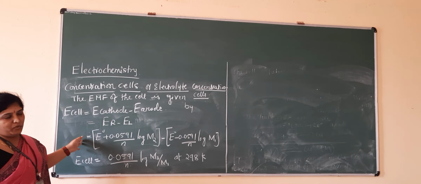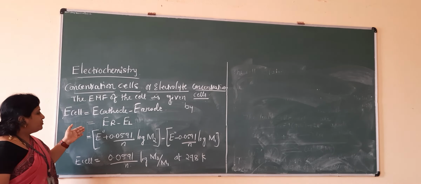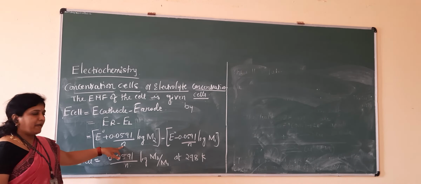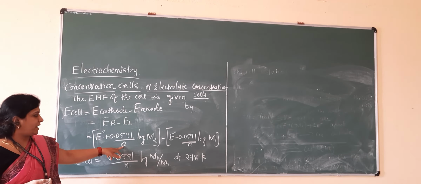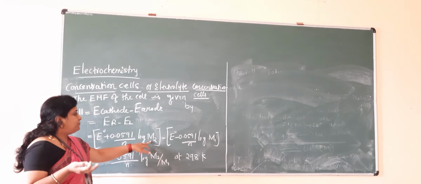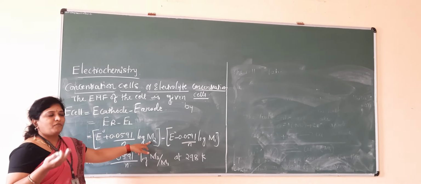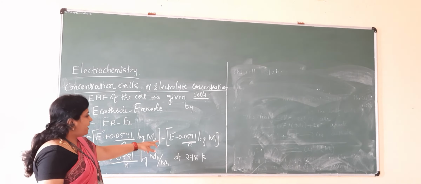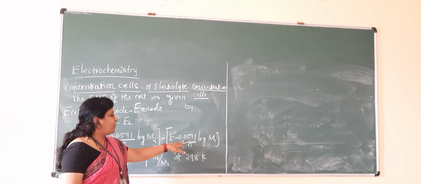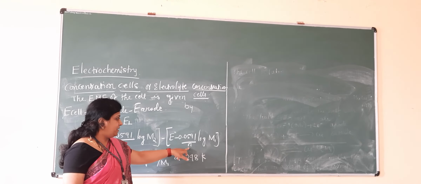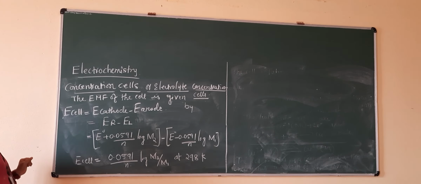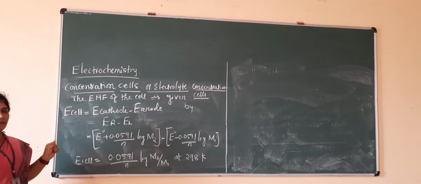With the help of the Nernst equation, we know already, we have to put here E naught plus 0.0591 by n, where n is the number of electrons involved in the reaction, log M2. M2 here is the concentration of the solution at the cathodic side, and minus E naught minus 0.0591 by n log of M1, that is the concentration of the solution in which the anode is fixed.